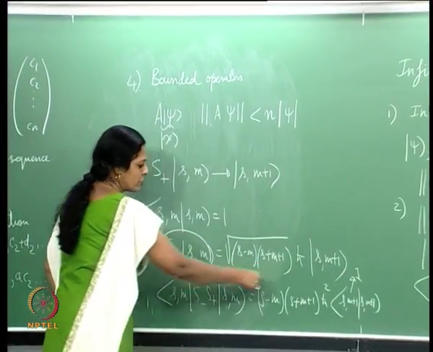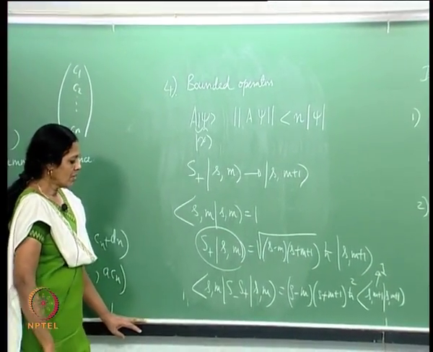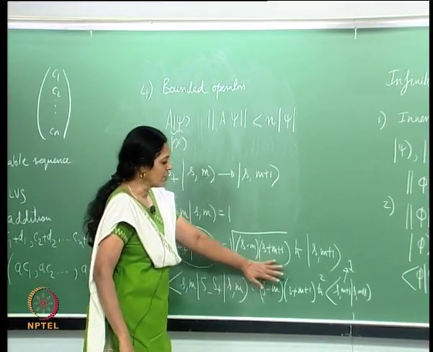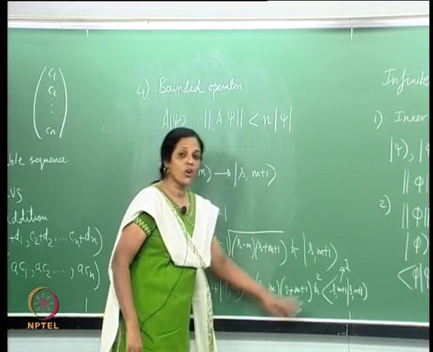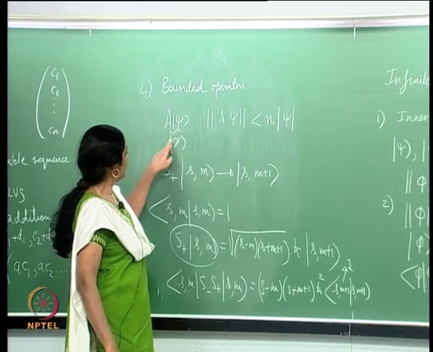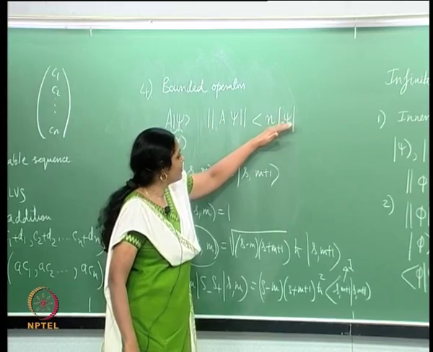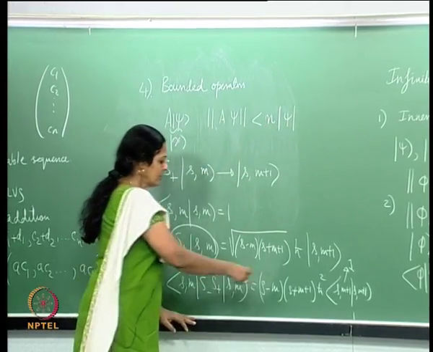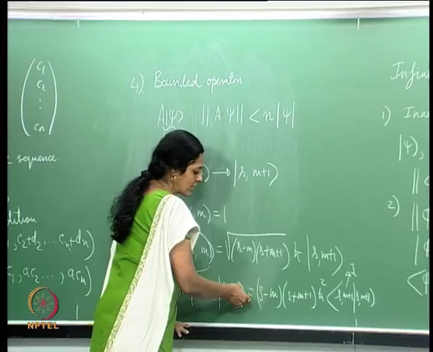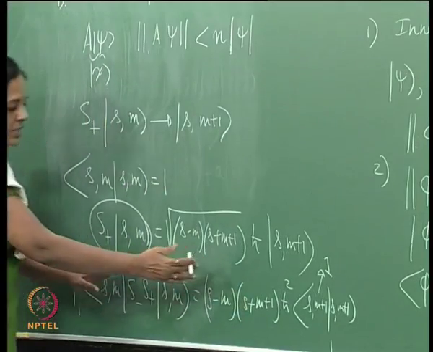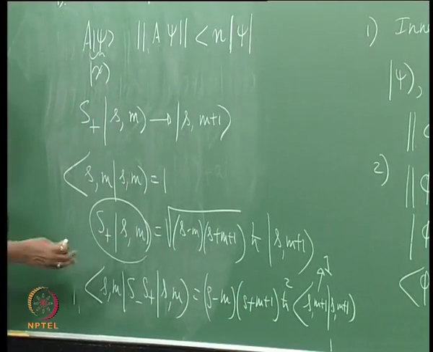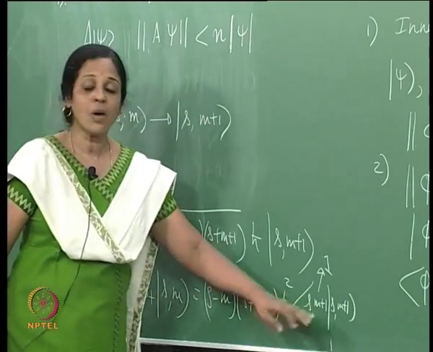But then you see I'm left with this coefficient. But the norm of this is some number times the norm of the original state. The norm of chi was less than or equal to n times the norm of psi, and that n is out here. This is in fact an equality. But you see, this helps me get a new state which is normalized to 1.